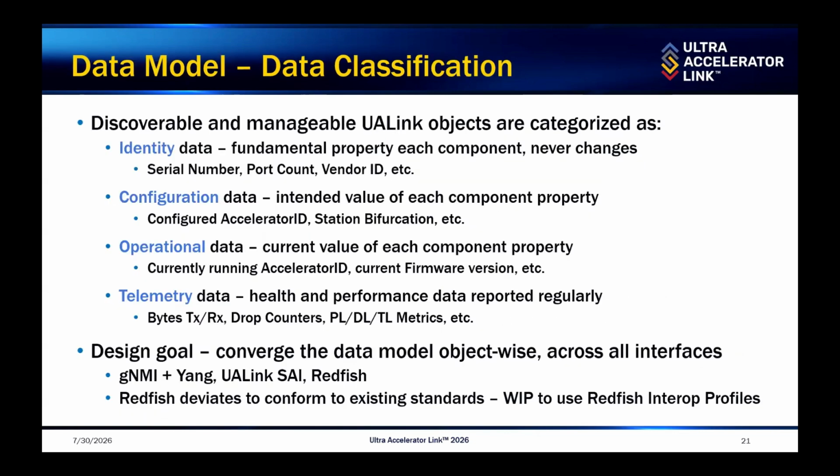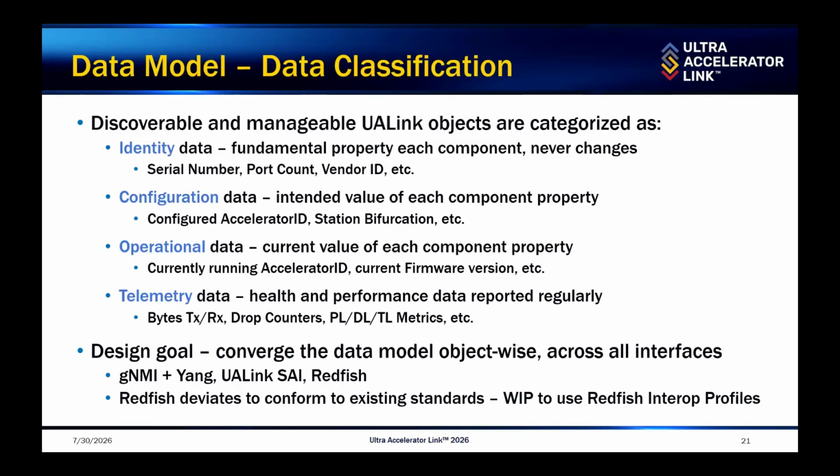So with respect to what the data model looks like, this is a summary of our philosophy for defining what that needs to be. There are 4 groups. There is identity information, which is completely immutable.